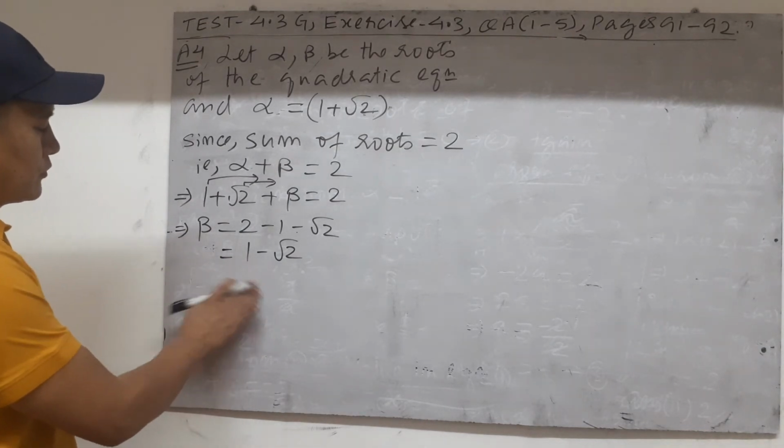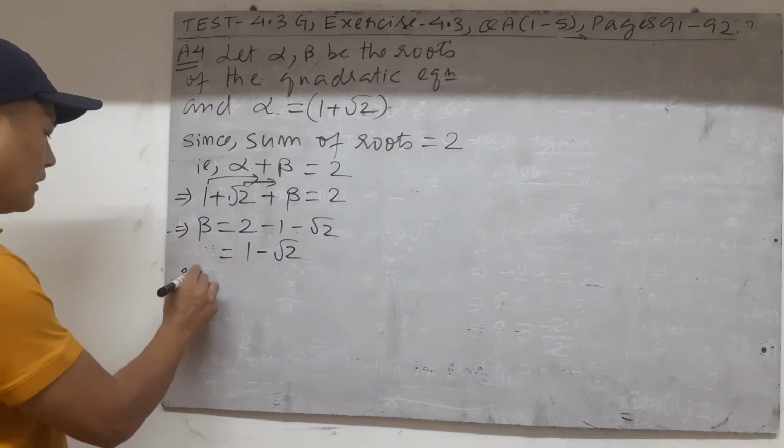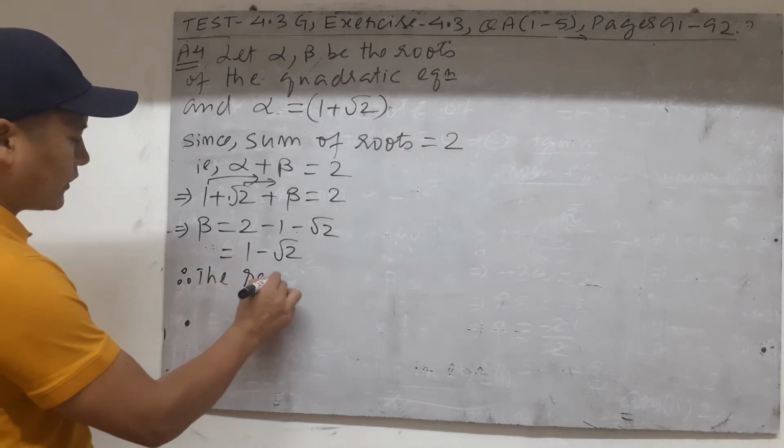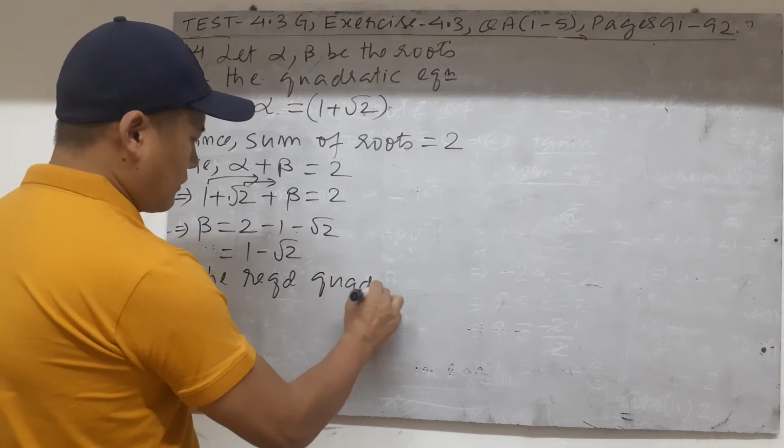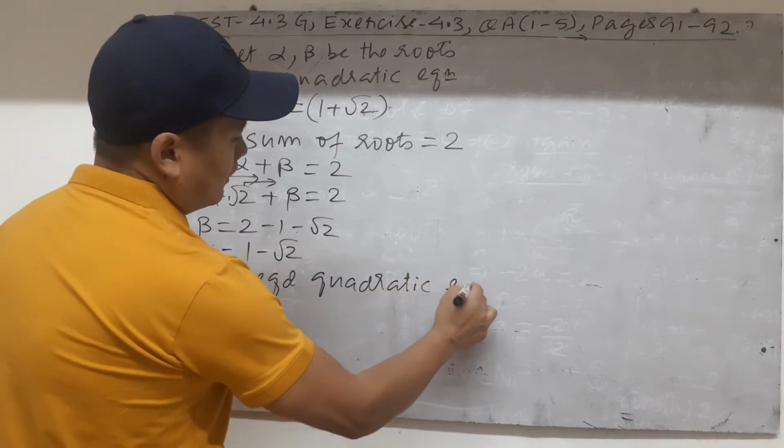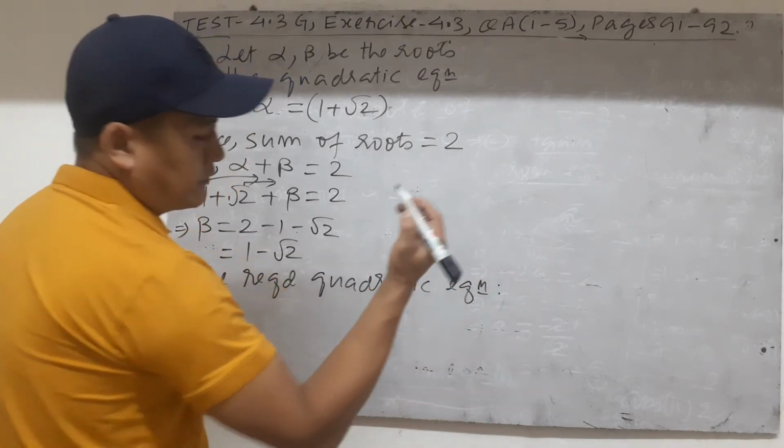So if we go to 2 roots, then we can easily find the unknown quadratic equation, as the question is saying. So the required quadratic equation. We did this in one of the previous chapters also.